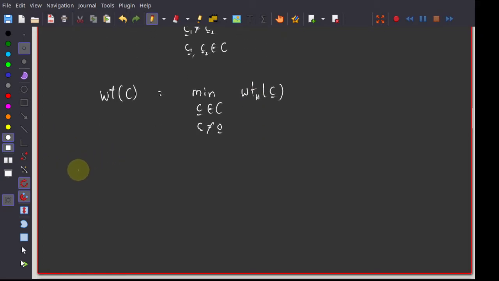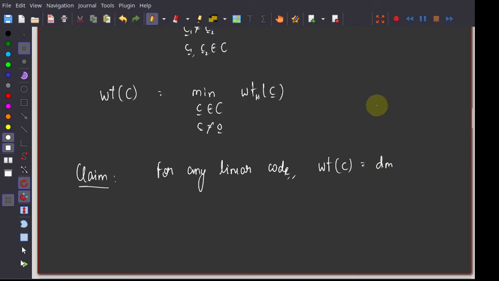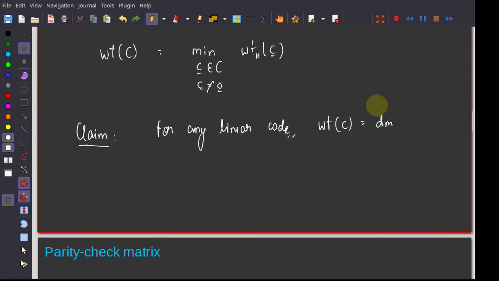So this is basically the number of non-zero elements in that particular code word. My claim is that for any linear code, the minimum weight equals the minimum distance.